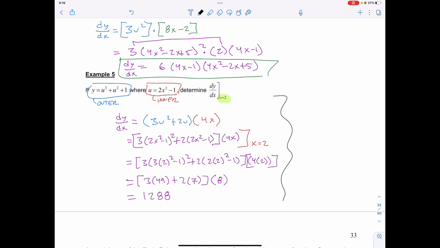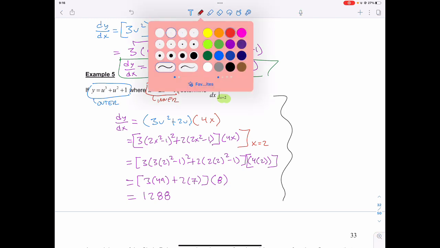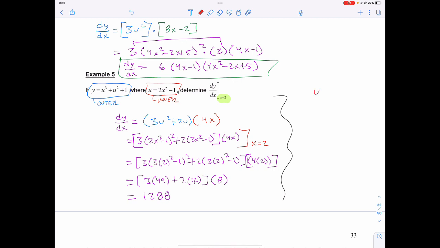The second way that we could approach this is because we know that x is equal to 2, then we know that if u is equal to 2x squared minus 1, then u is equal to 2 times 2 squared minus 1, which is just equal to 7.